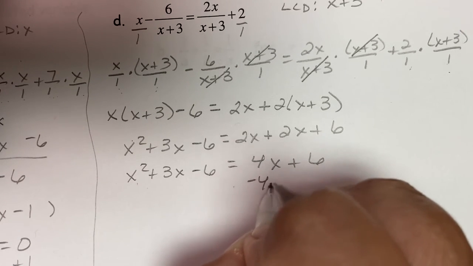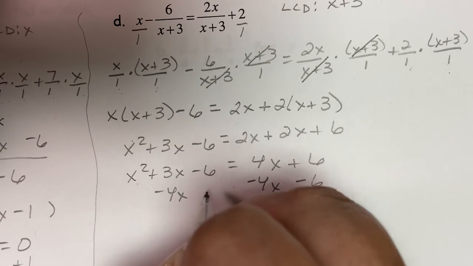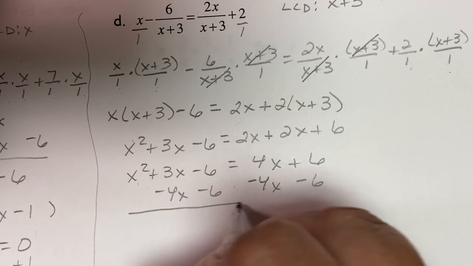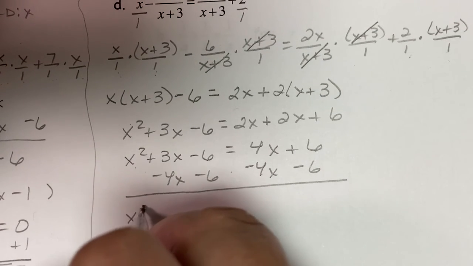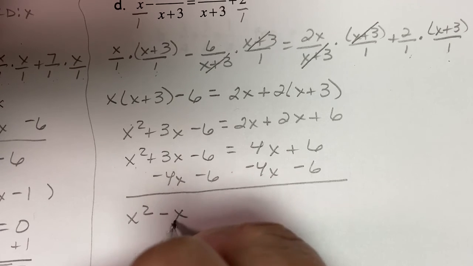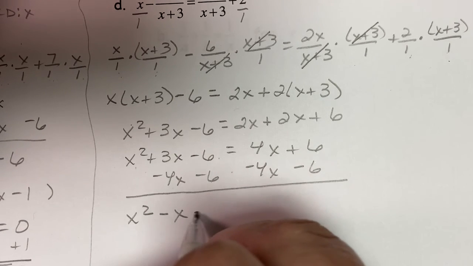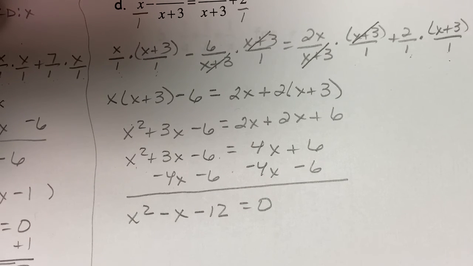So I'm going to subtract 4x from both sides, and I'm also going to subtract 6. So I'm going to end up with x squared, 3x minus 4x is minus x, negative 6 minus 6 is negative 12, is equal to 0.